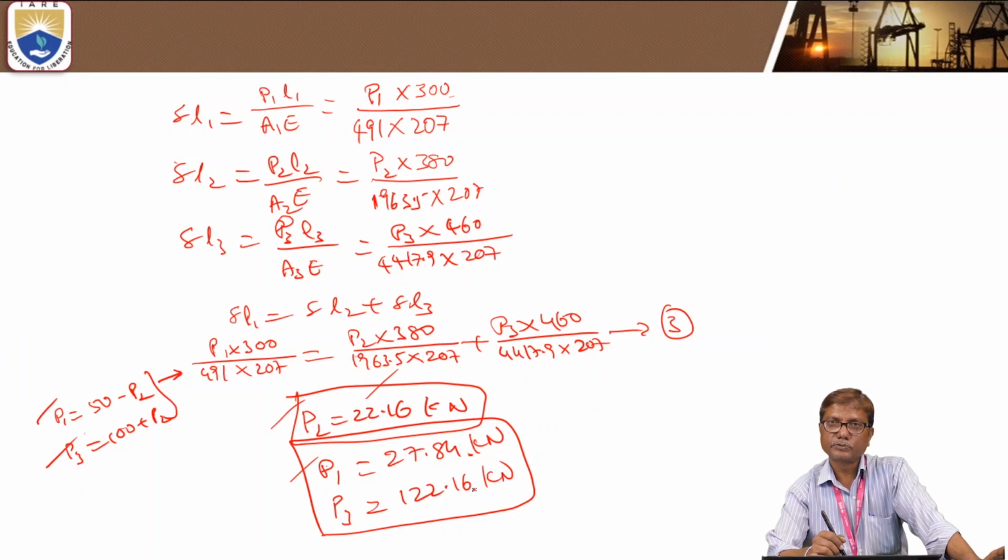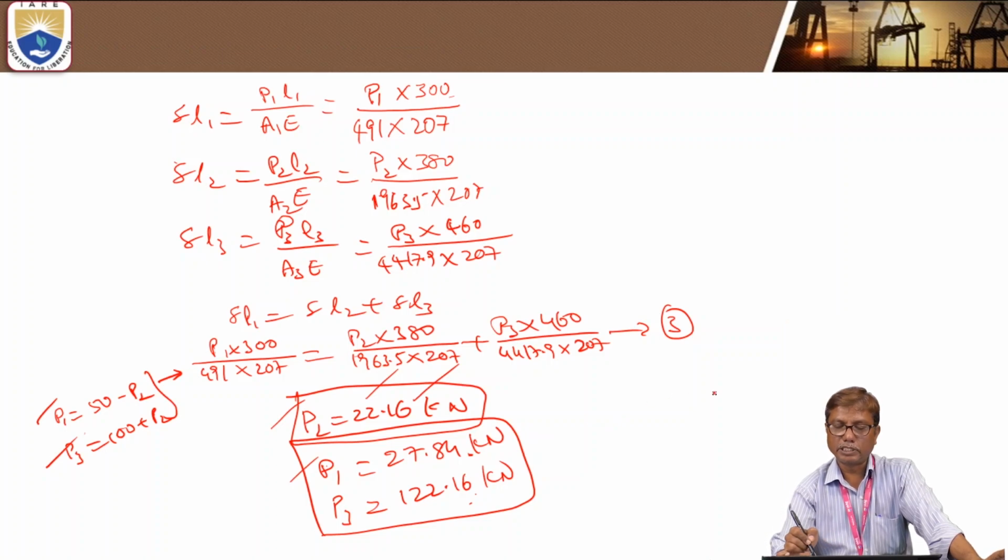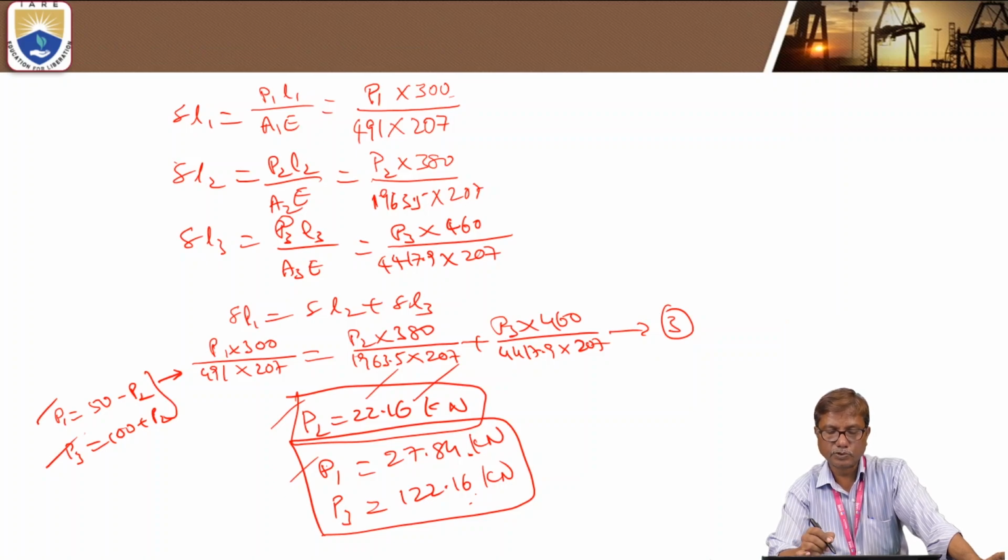Similarly, the 100 kilonewtons applied at C is added by this 22.16 because both are in the same direction. So 122.16 is the load taken by portion CD. Okay.